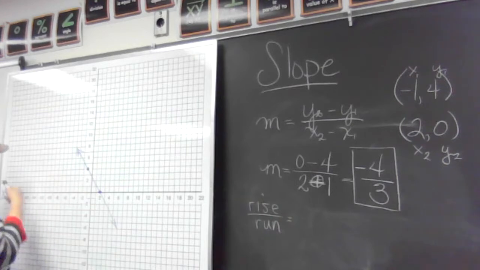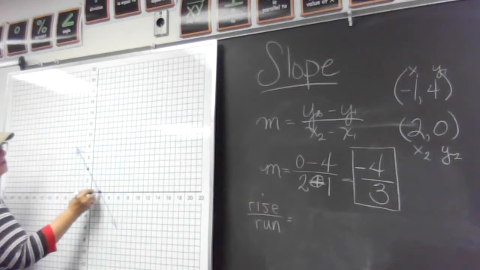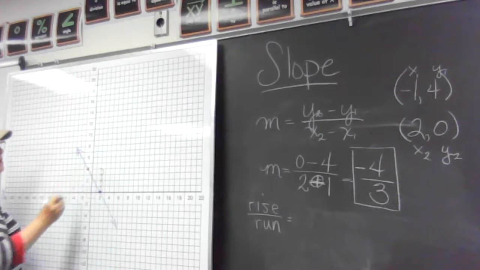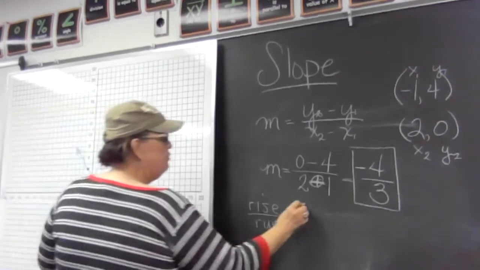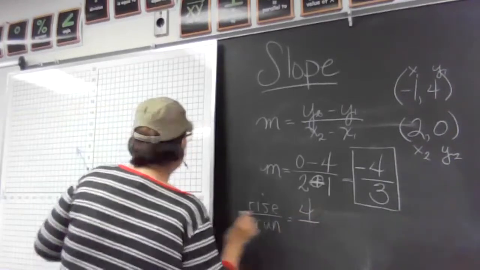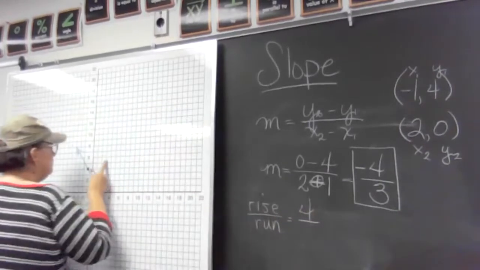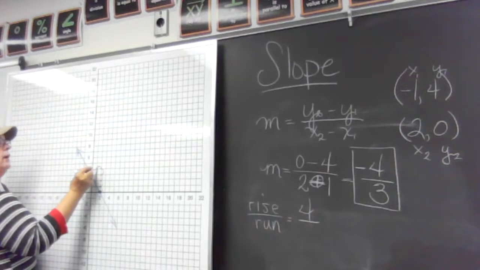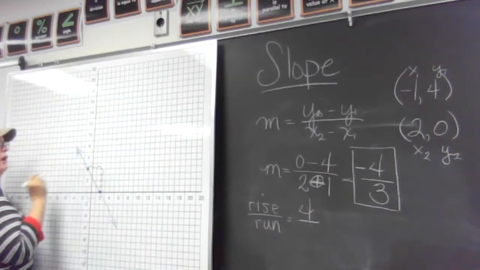In order to find slope, I have to rise first. 1, 2, 3, 4. So I've got a positive 4 because I went up in a positive direction. Then I turn and run 1, 2, 3 blocks.